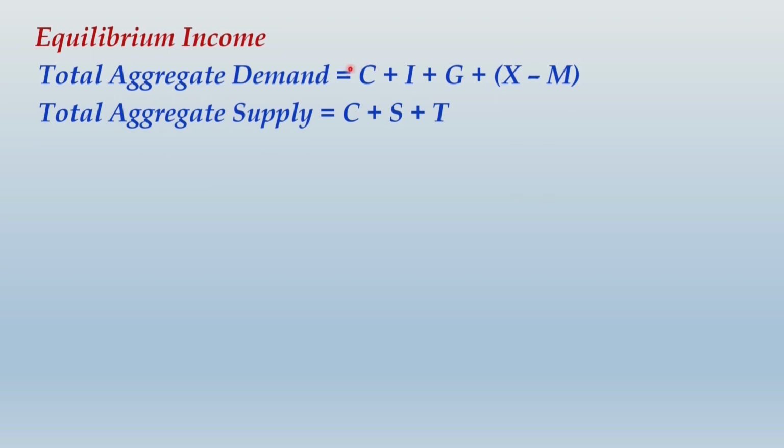We simply concluded C plus I plus G, and at equilibrium C plus I plus G would always match with C plus S plus T. So logically here two variables were introduced.